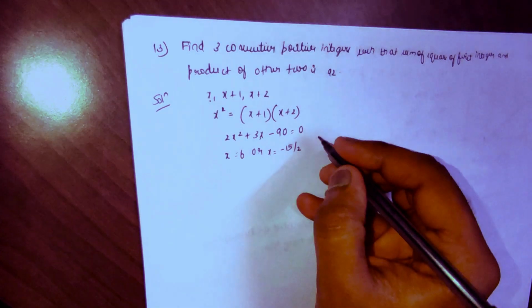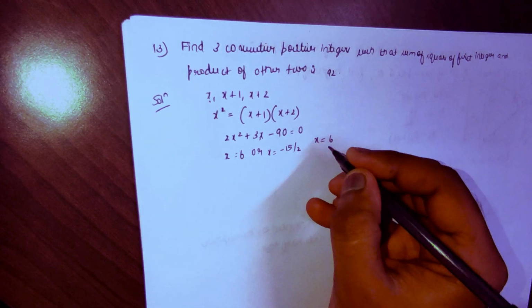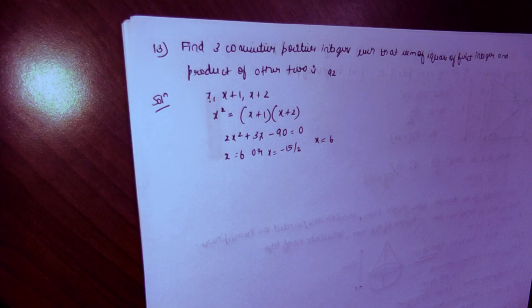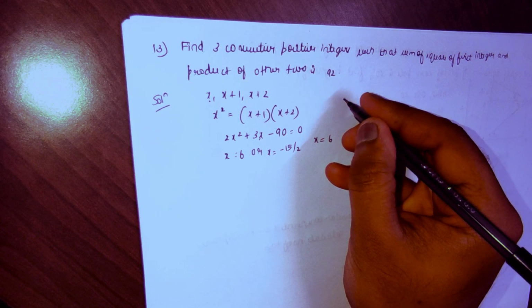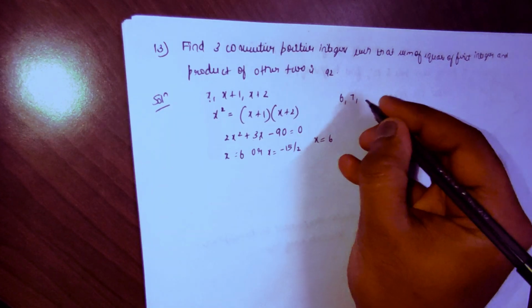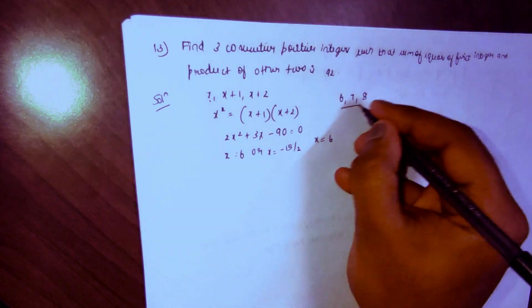We know the value of x cannot be negative, so we are taking the value of x as 6. So by this we'll observe that the three consecutive integers are 6, 6 plus 1 that is 7, 6 plus 2 that is 8.